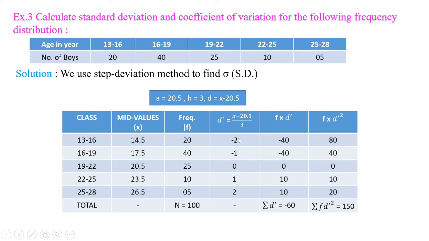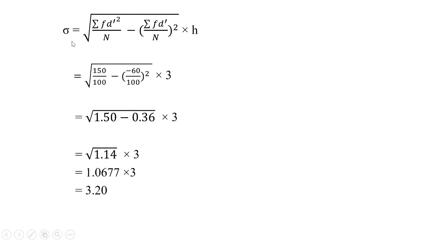F into d dash square, how to calculate? D dash square is minus 2 into minus 2 is 4, 4 into 20 is 80, and after calculating this we get summation of f into d dash square equal to 150, and summation of f into d dash is equal to minus 60. Then put these values in the formula for standard deviation.